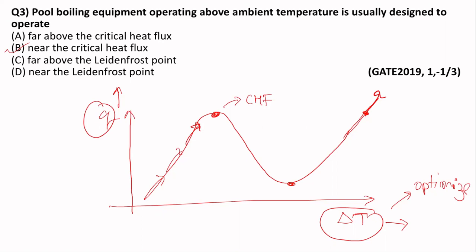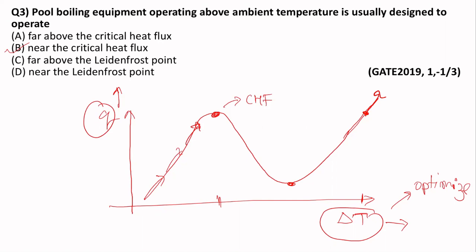So there is no point in increasing delta T, which is around 20-25 degrees over here, to around 1000 degrees at this point to get a better Q. So in this particular case, flux is the deciding factor and not the temperature.